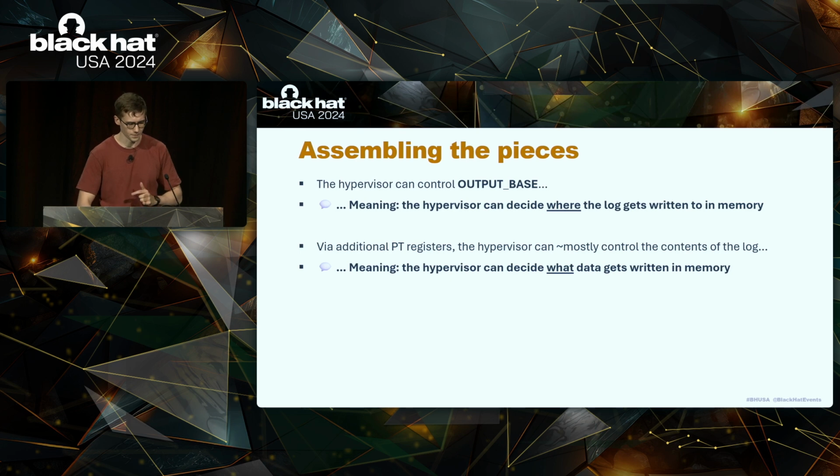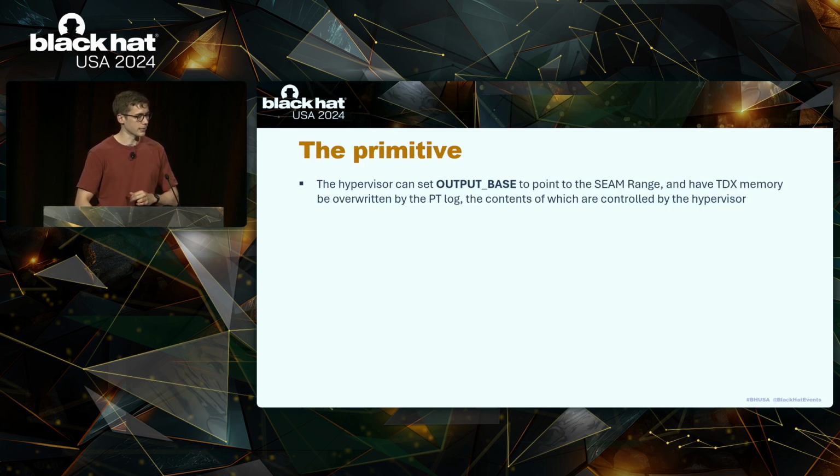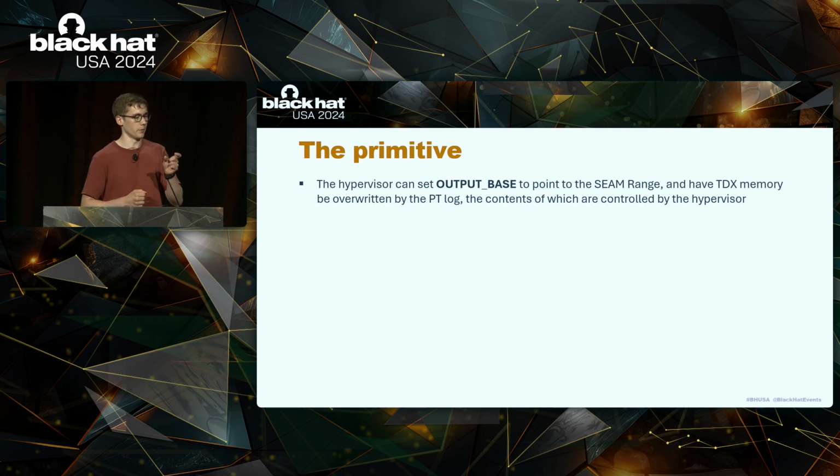So that's number two. And then number three, I said earlier that the TDX module executes in TDX mode. And in that mode, the SEAM range is actually accessible, the protected range in physical memory. So that's number three. If we assemble the different pieces together, we can see that, in fact, the hypervisor can set the output base register to point into the SEAM range. And by then enabling processor trace in the TDX module, it can cause the CPU to overwrite the TDX memory with the processor trace log.